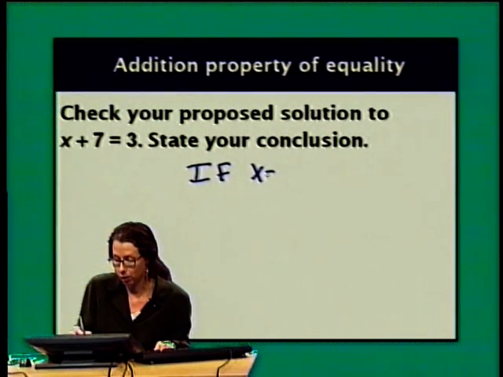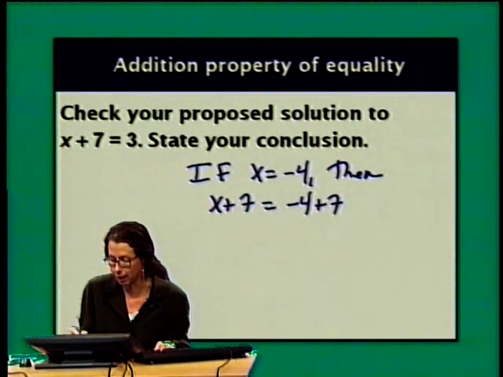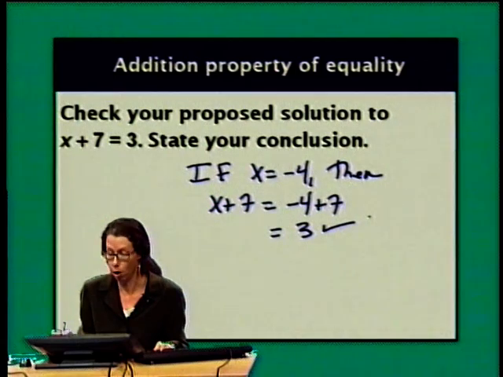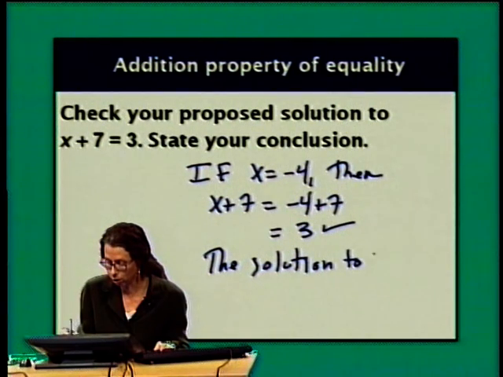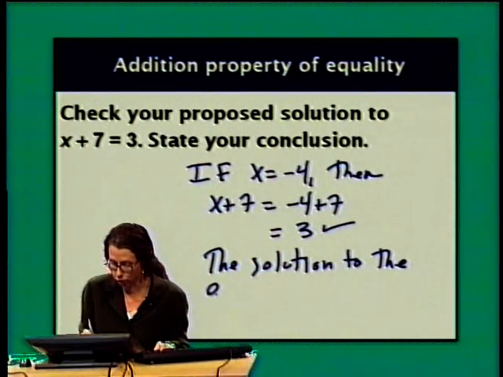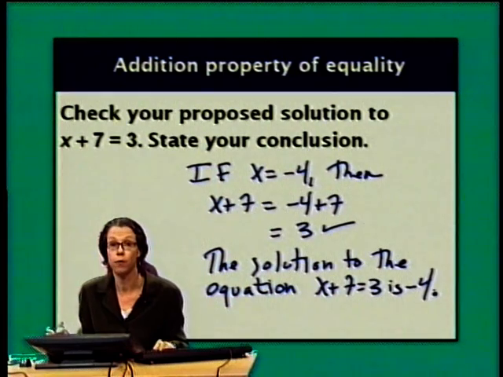If x equals negative 4, then x plus 7 equals negative 4 plus 7, which equals 3, which is precisely what I wanted. So my conclusion is the solution to the equation x plus 7 equals 3 is negative 4.